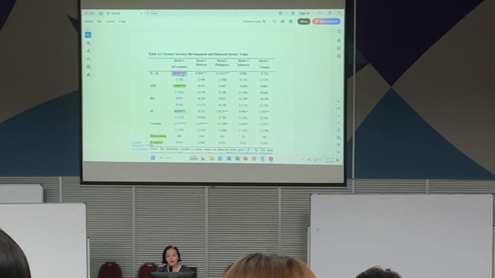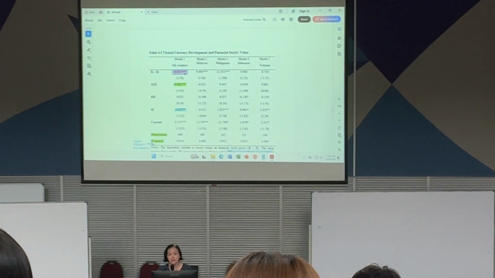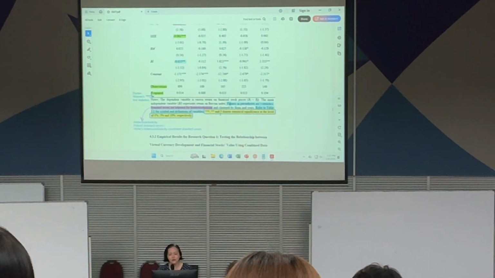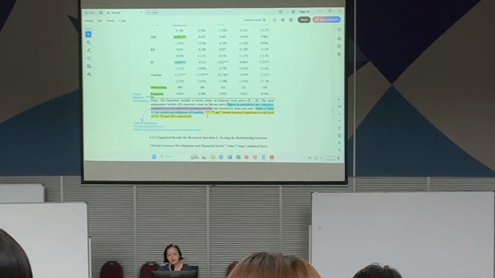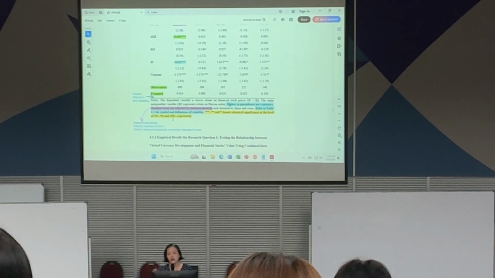All the stars here will be based on your p-value, isn't it? And the p-value, because this is the result, we will segregate into 1 star, 2 star, 3 star. We follow the standard for journals. 3 star means significant at 1%. 2 star is 5% and 1 star is 10%, like what I taught you before.